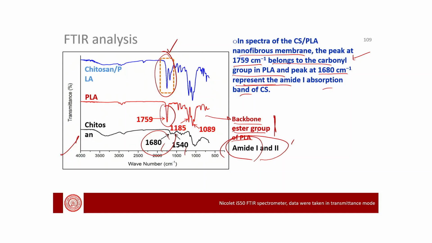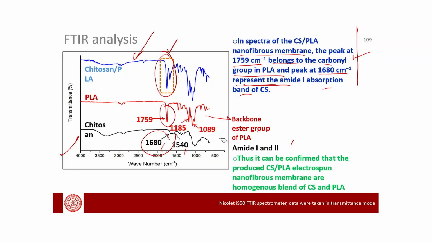and that shows this is the perfect blending of chitosan and PLA, and this is tested on the nanoweb. So, proper blending took place.